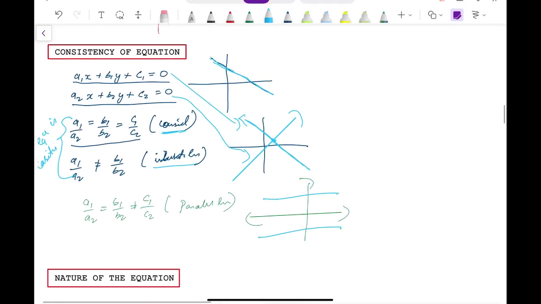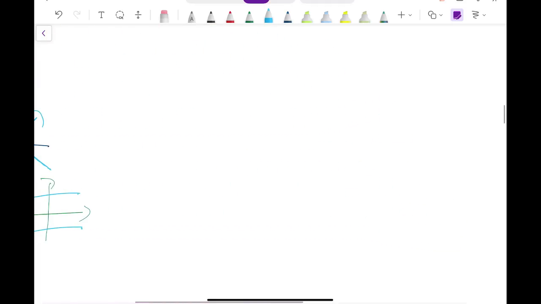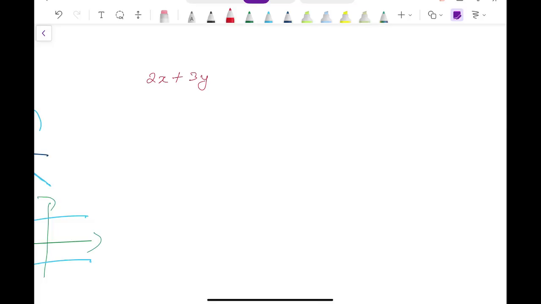Okay, so let's take an example. The example can be 2x + 3y - 4 = 0, and I'll just use another equation, 4x + 6y - 8 = 0.